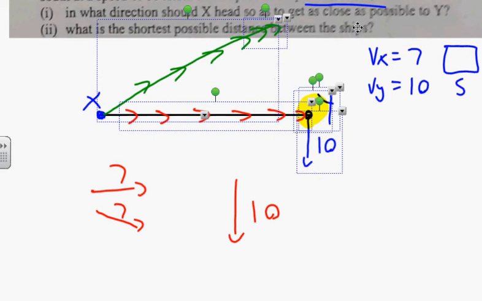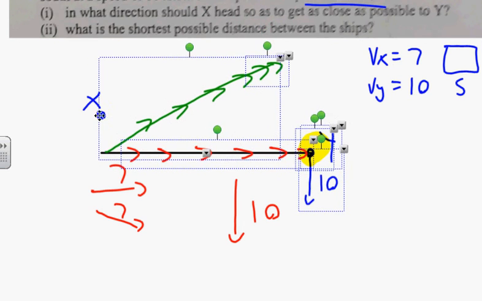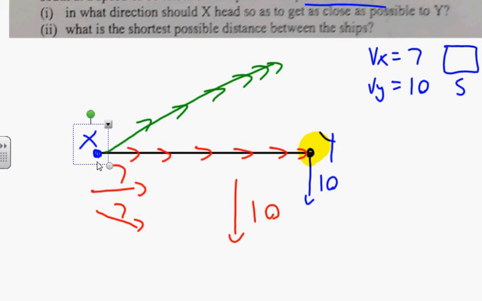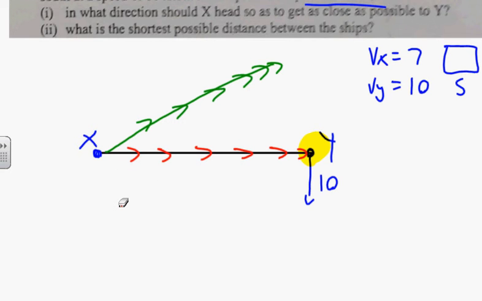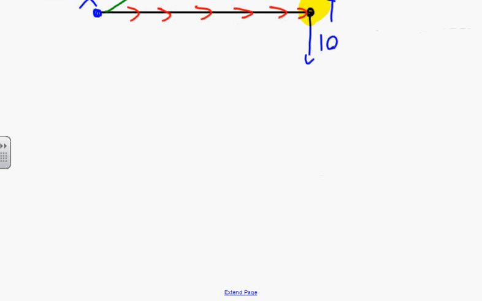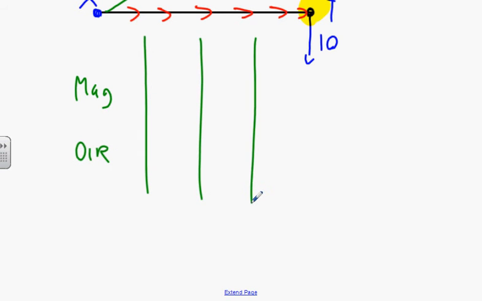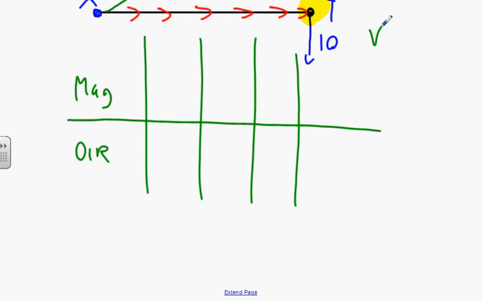Okay? So, once again, like every other question I've done, I'm just going to make a quick list of magnitude and direction. Okay? So here's where the part kicks in. There's going to be 6 pieces of information. And I'm saying v_X/Y, Y is kept stationary.